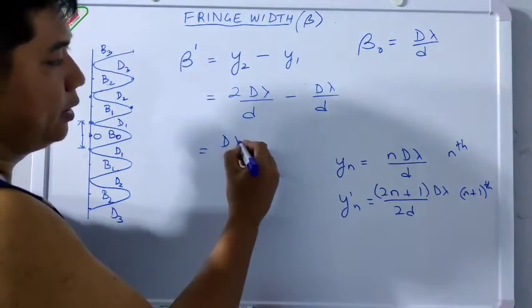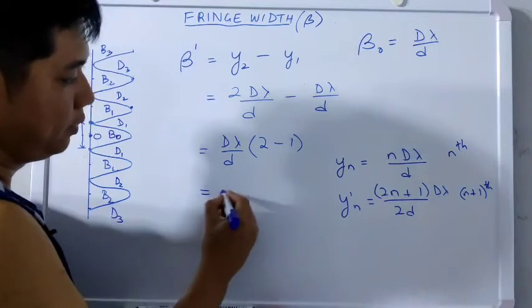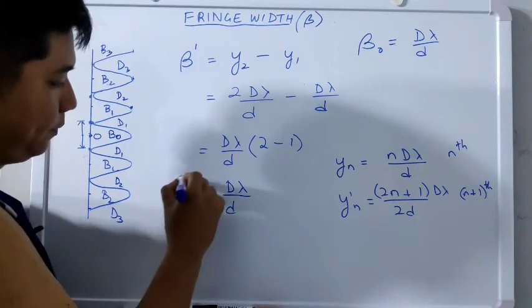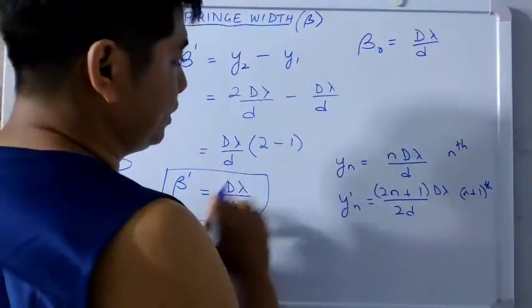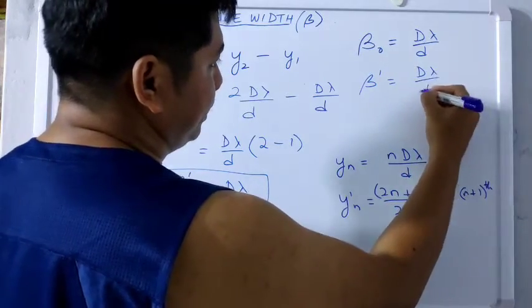Taking D lambda by d common, 2 minus 1, we have D lambda by d into 1. This is the width of the dark fringes, D lambda by d.